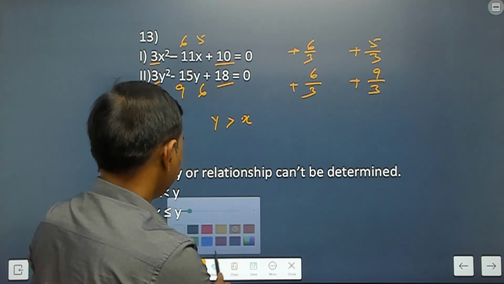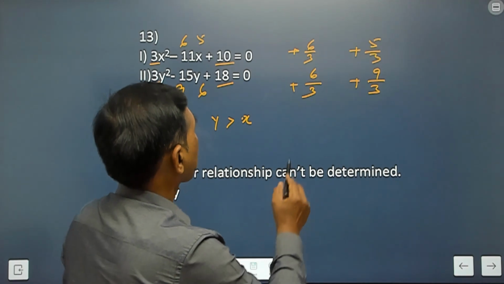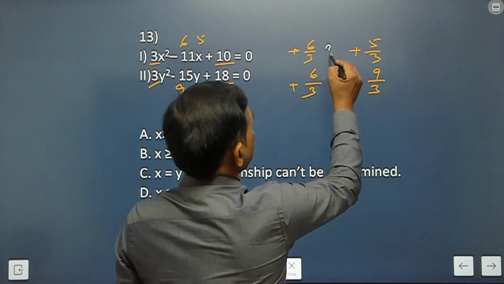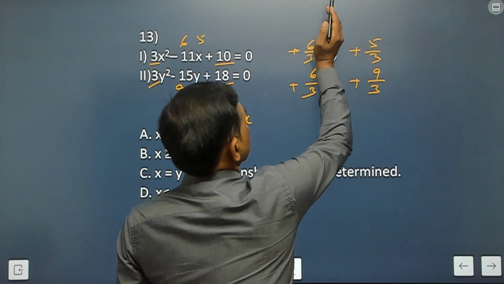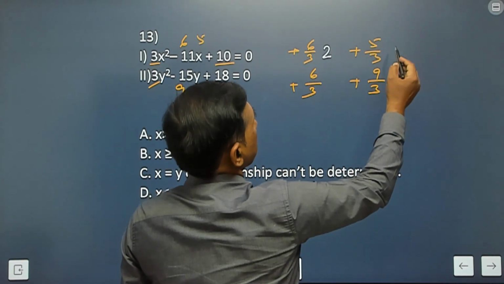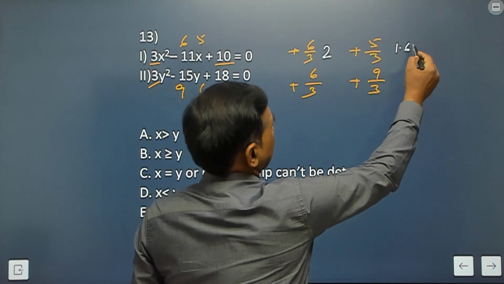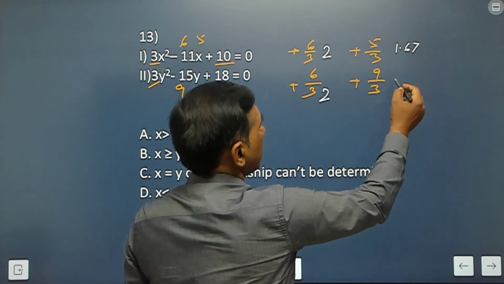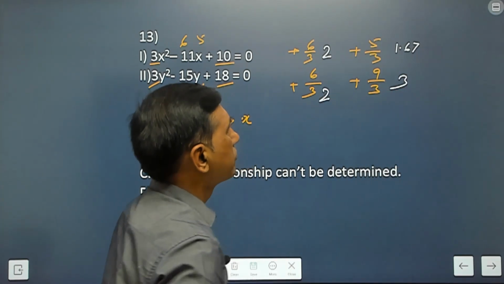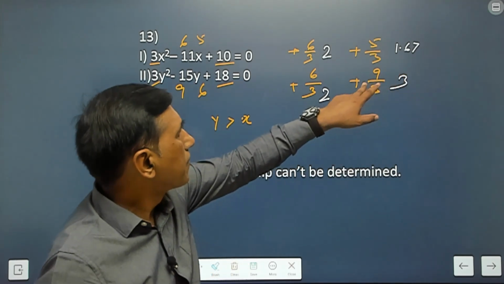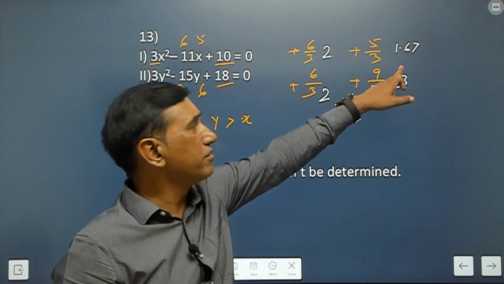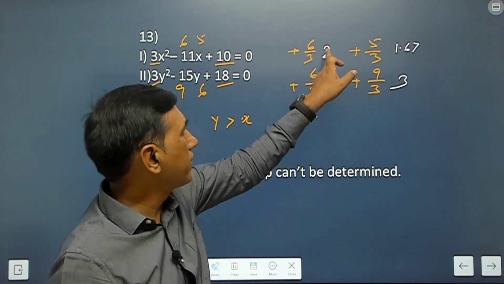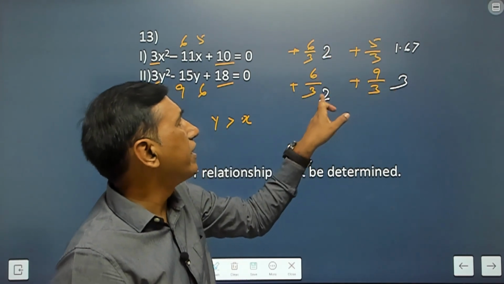Now, you have 2, 1.67, I'll simply write it like that, 2, this is 3. So when it is 1.67, this is smaller than these two. When it is 2, it is smaller than 3 and equal to 2.